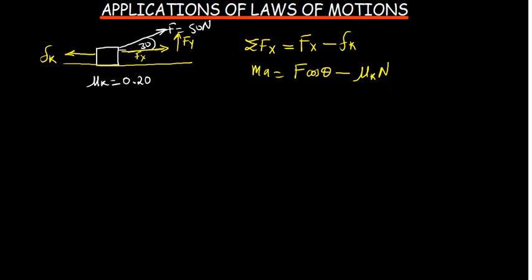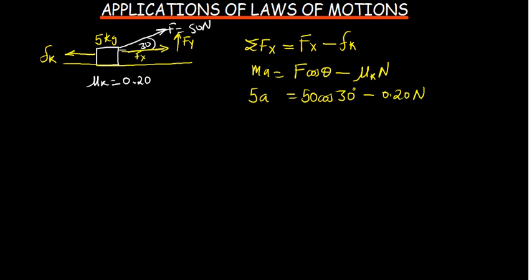So where there is mass, let's say this is the same 5 kg mass. We are going to put 5 multiplied by acceleration, and that will be equal to force which is applied, 50, and then cos the angle theta, that is 30, minus mu k, that is 0.2, and then just put normal force there.